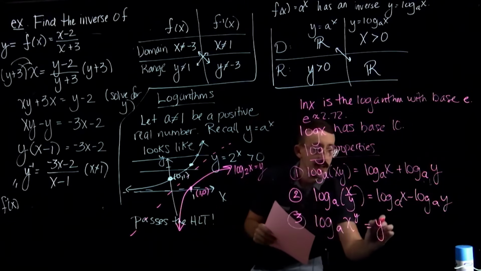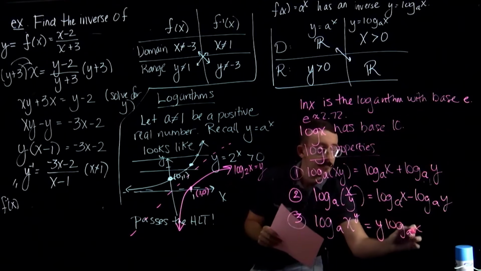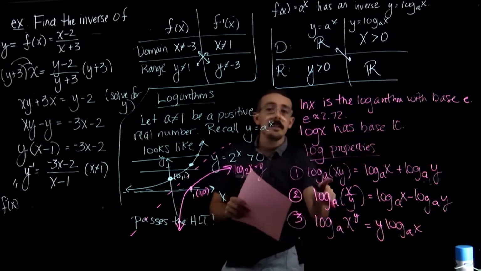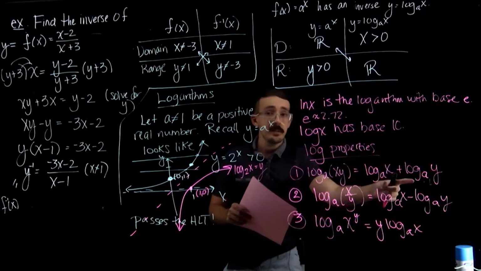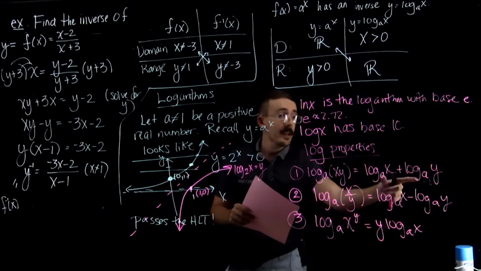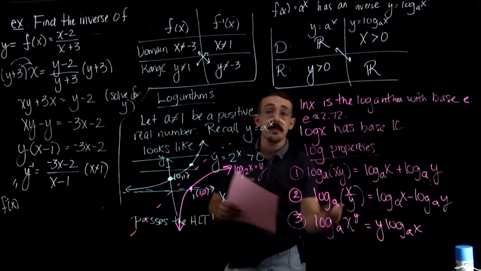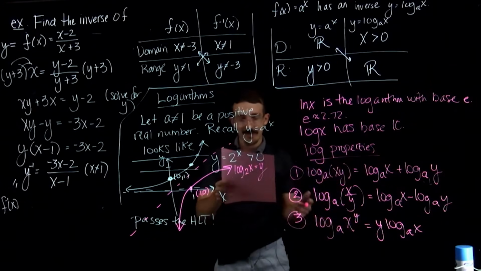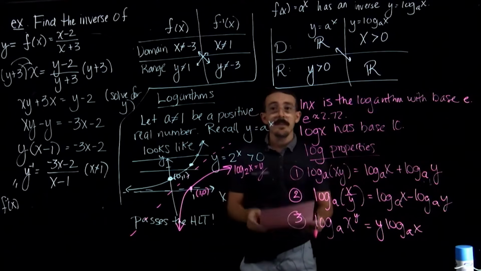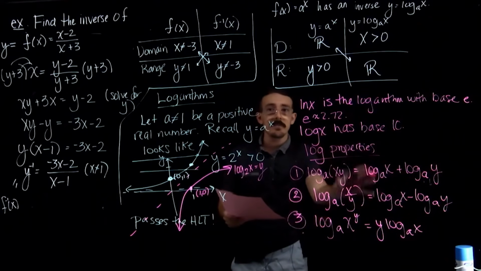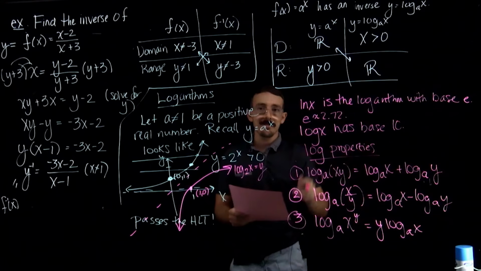So this is equal to y log base a of x. And because it's an equality here, you can also take things that are expanded like this and condense it back into the left side as well, if you need to do that. It just depends on what you're doing. Okay, so next time we're going to look at some problems involving these log properties.